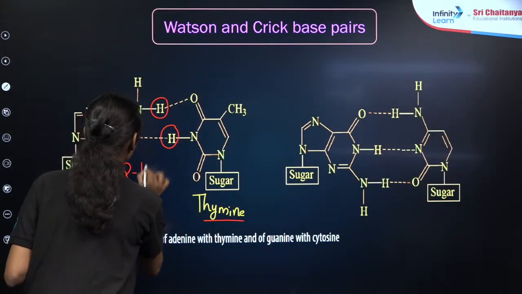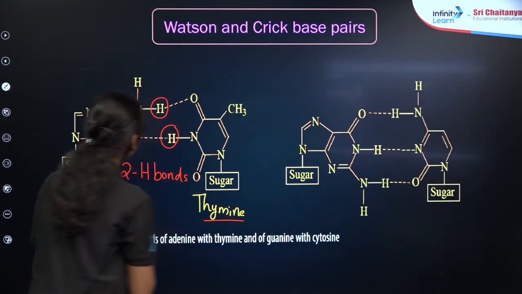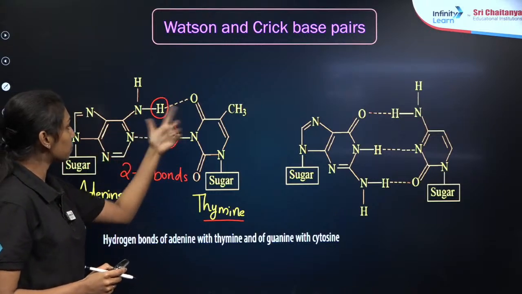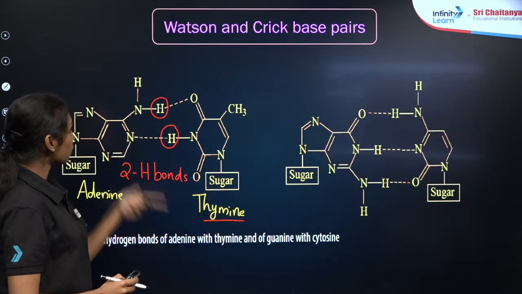Clear? It will form two hydrogen bonds between adenine and thymine, which means that two hydrogen atoms are present in the structure of adenine. So it will form hydrogen bonds with the oxygen and nitrogen of the next nitrogen base, thymine, in the case of DNA.